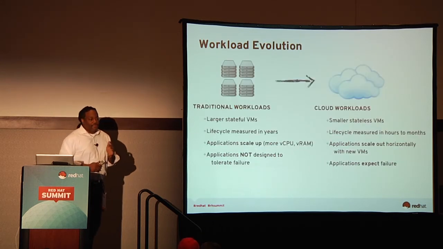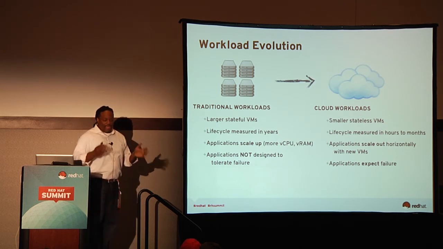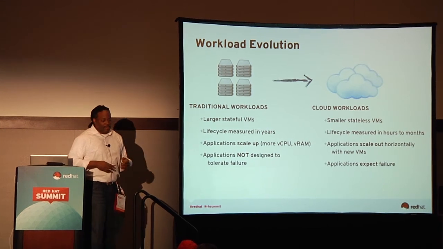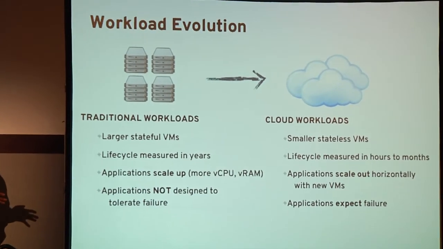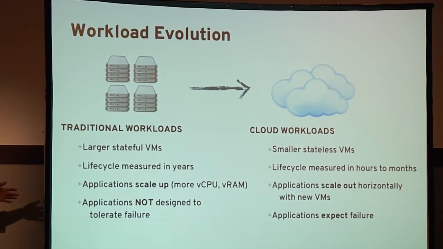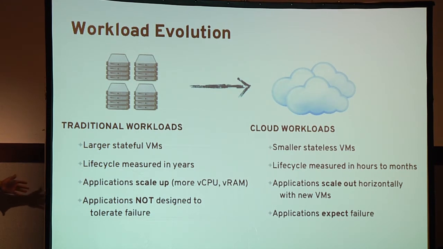The workloads are evolving, okay? So traditionally, you would run a big enterprise application, maybe Oracle, maybe Exchange Server, maybe SQL Server inside your organization, and it's a really large virtual machine, 128 gigs of RAM, 8 vCores, et cetera. The applications have no awareness of the infrastructure. They just expect the infrastructure to work.